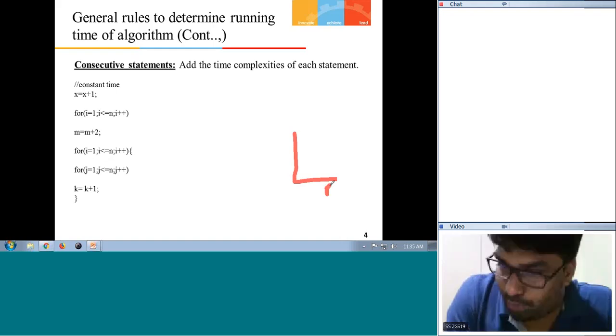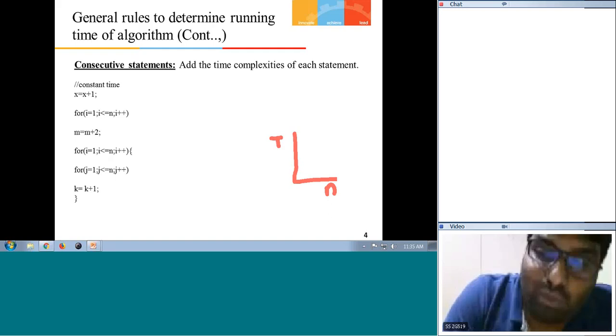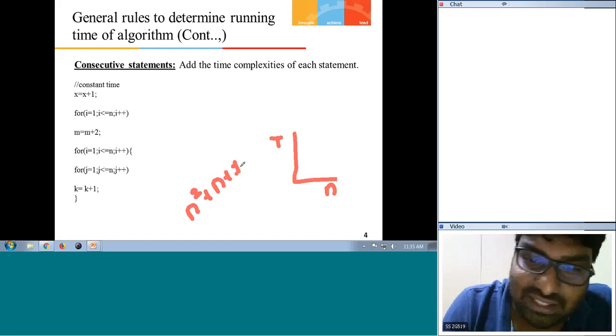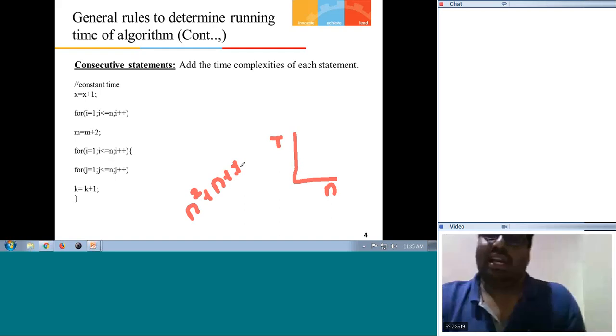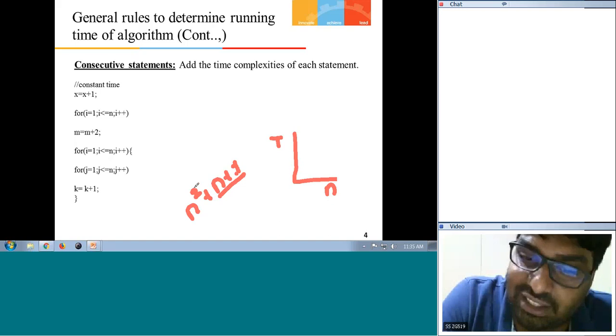This is your input n size and this is the time taken to execute. Now I have an equation which says n square plus n plus 1. Let's take the simplest possible format of the equation. Is this okay? Now, at any time, will n plus 1 be greater than n square?